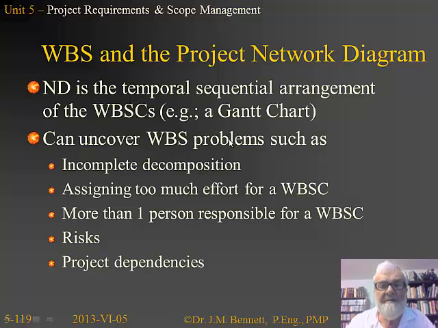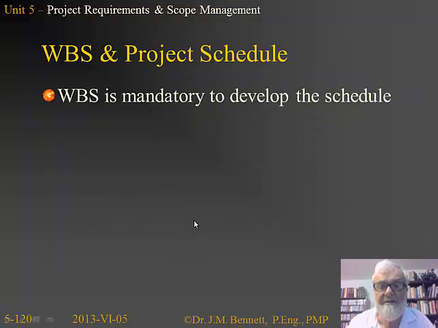And the nice thing about the network diagram is it can help us with the work breakdown structure. Maybe we've done an incomplete decomposition. Maybe we've assigned too much effort for a particular item. Maybe we've got more than one person responsible, which is not a good thing. You want only a single person responsible for each WBSC. We can indicate risk, and we can indicate project dependencies, and this is going to be a key artifact of the project.